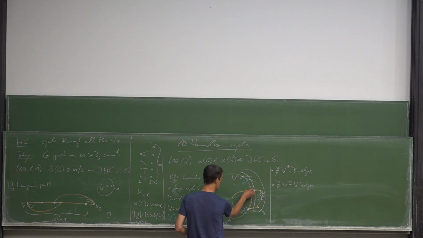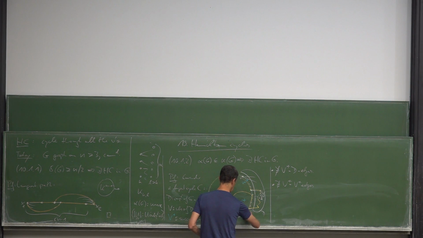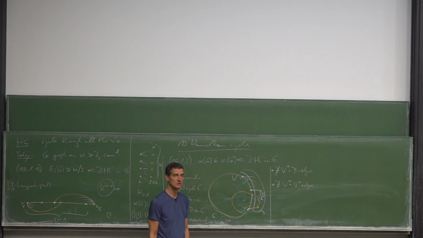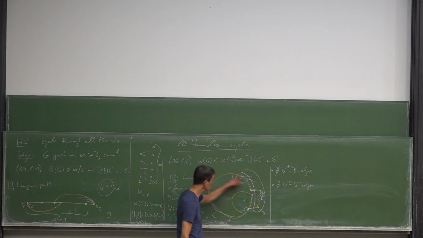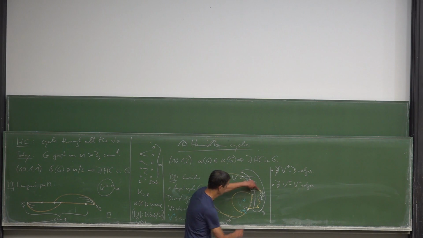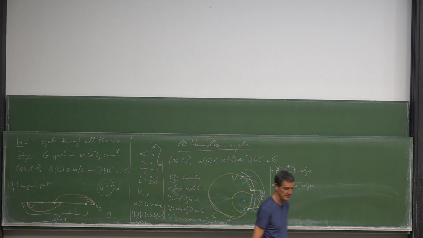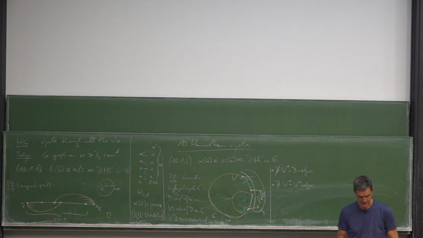Then go back to the cycle and round. We've again used all the vertices on C, and at least one more vertex. These could be identical, but it's one more vertex at least. So we have proved those two things.